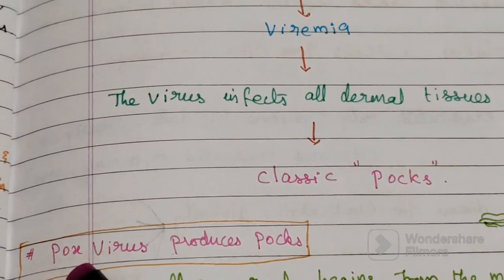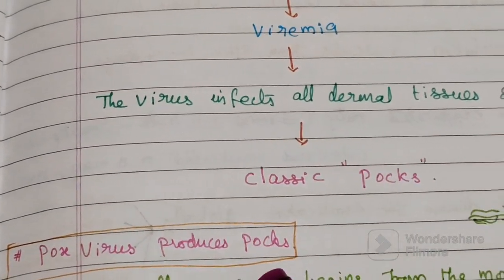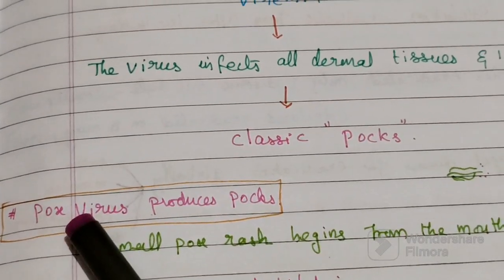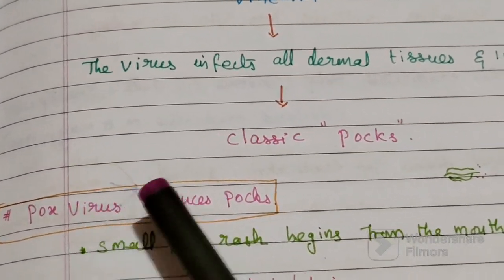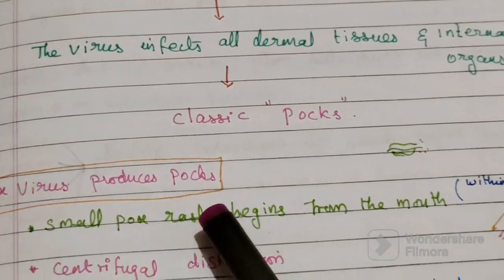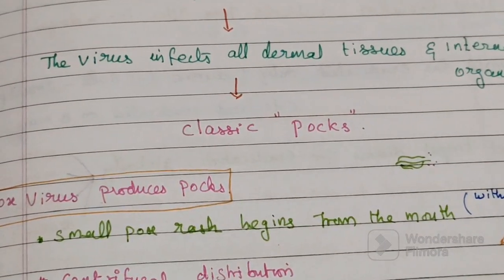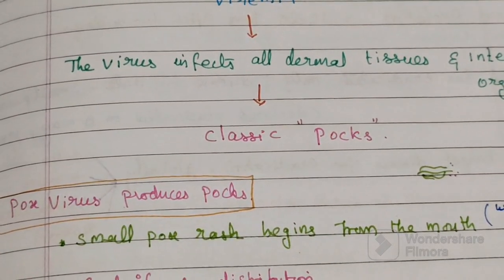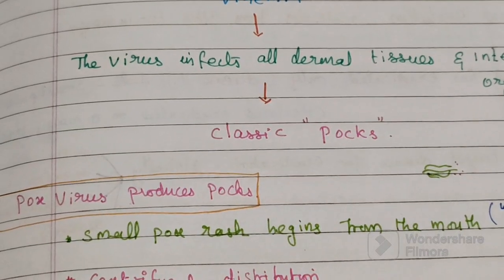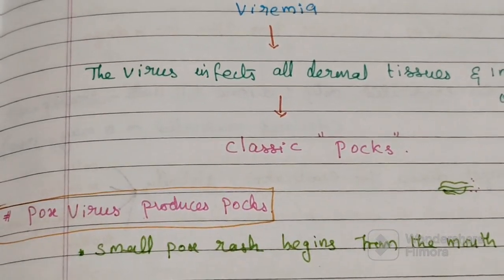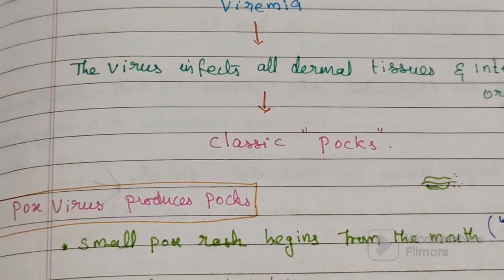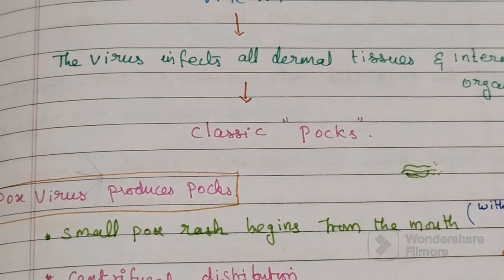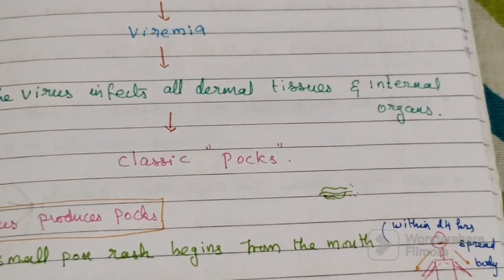So here Pox virus produces Pox. See the spelling difference: Pox is the name of the virus, and this Pox, P-O-C-K-S, is the name of the vesicles produced by it. So classical Pocks are produced. This is the pathogenesis.